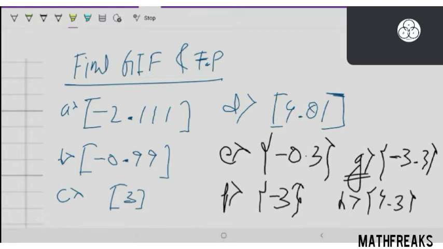Okay, I hope that you all have solved. This will be minus 3, this will be minus 1, this will be 3 only, this will be 4, and what will be this? This will be 0.7. Just use the property of fractional part of minus x, you will get it.